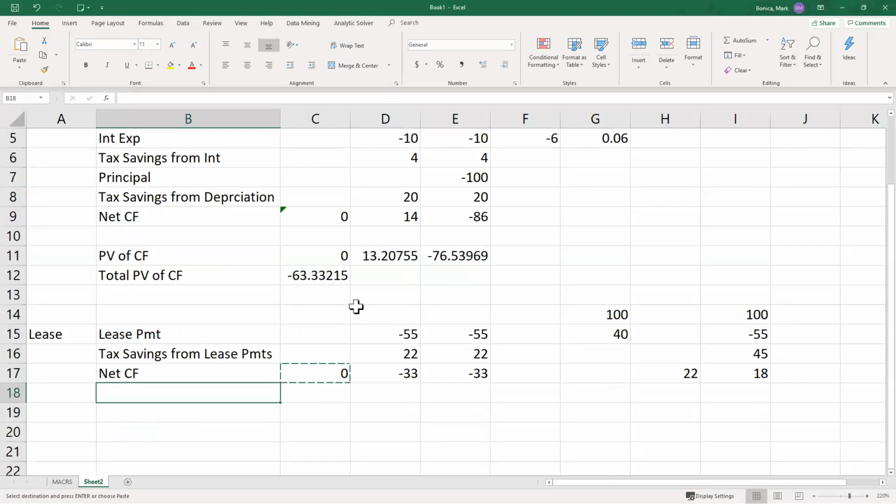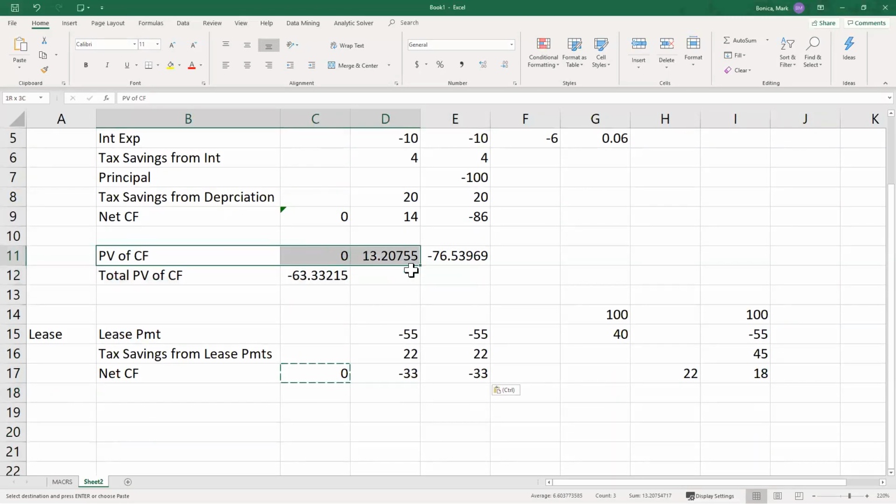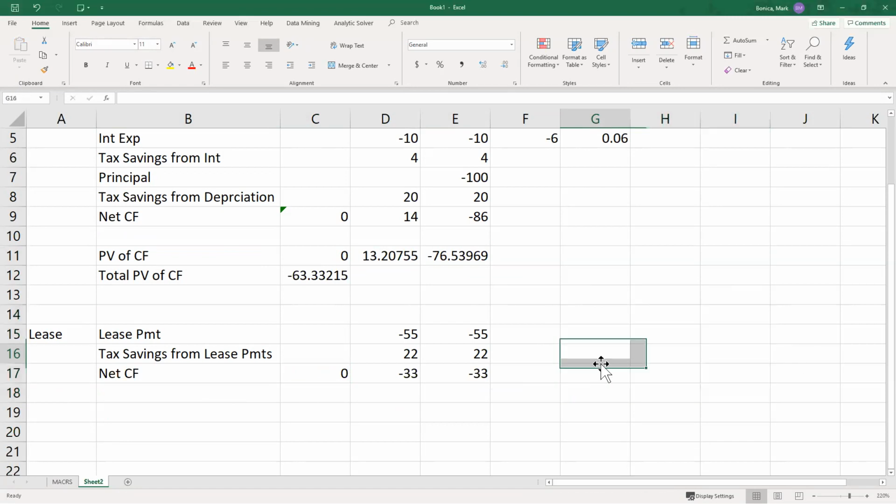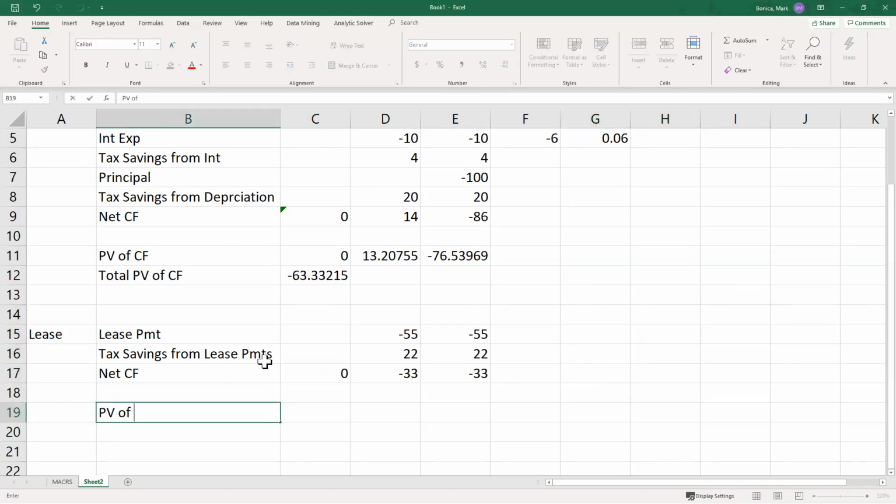So now I'm going to do the same thing as I did up here. I'm going to use the same PV of each cash flow, PV of CF. So PV of my time zero cash flow is itself. The PV of my time one cash flow is going to be the future value of the cash flow divided by 1 plus the discount rate.